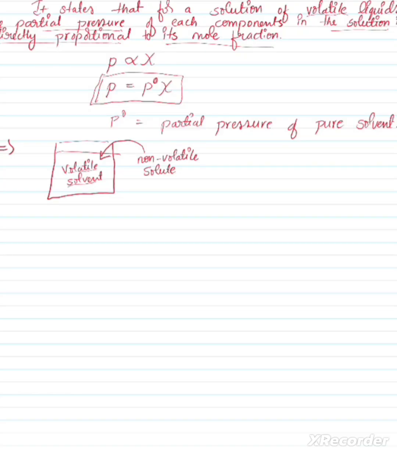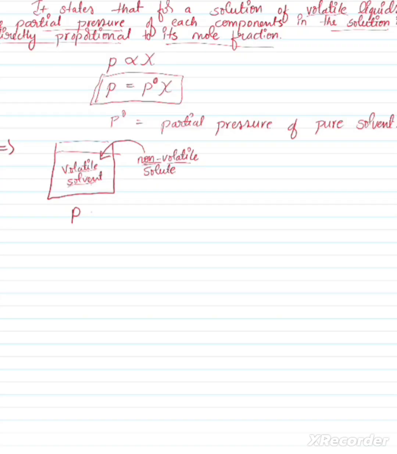For this volatile solvent, if I add a non-volatile solute, then the partial pressure is due to only the volatile component. Okay, because the solute will not evaporate. It is not evaporating, so it will not create any vapor pressure. Understood? So the vapor pressure is only due to the volatile solvent. Okay, that one you should understand.